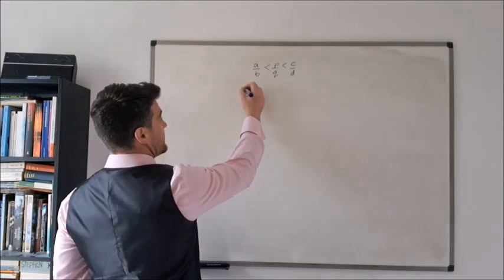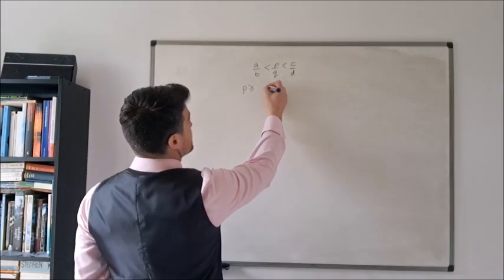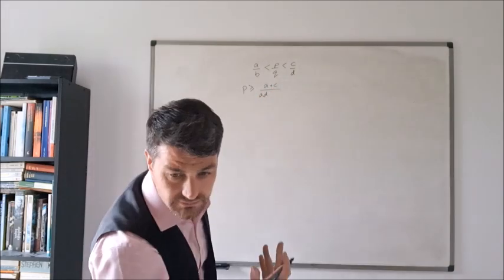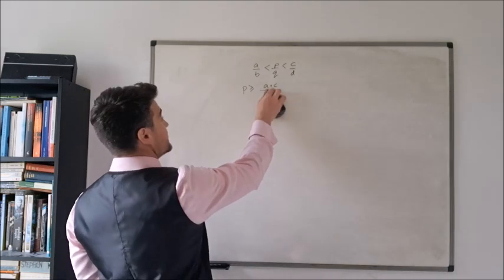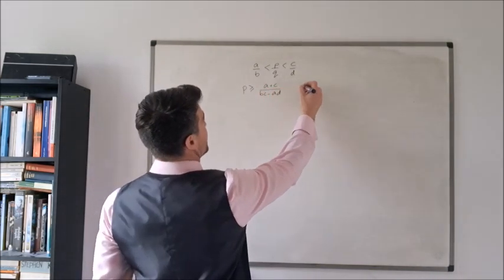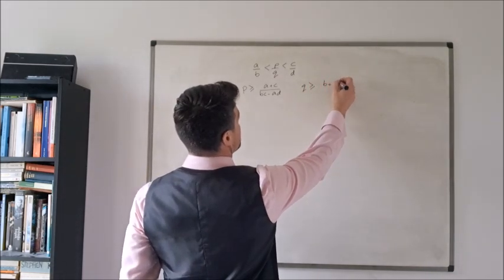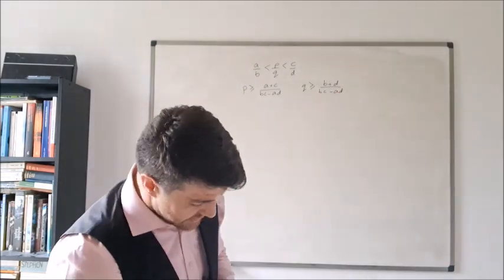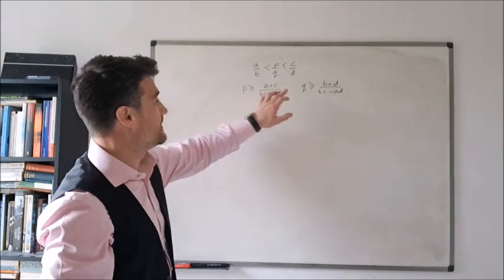So we need to prove now that P is greater than or equal to A plus C over BC minus AD, and Q is greater than or equal to B plus D over, I think it's still BC minus AD. Let me check. Yep. Okay. So if this, then these.